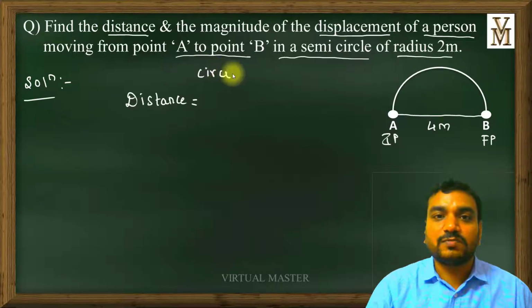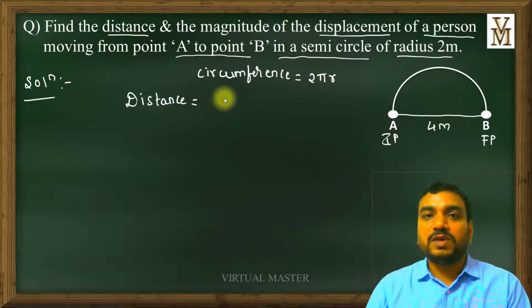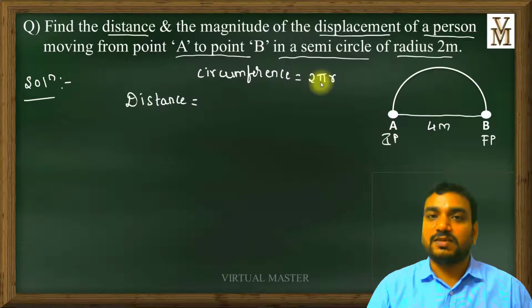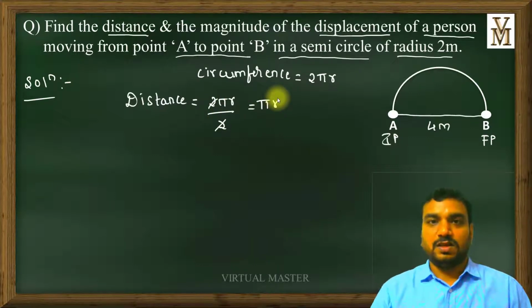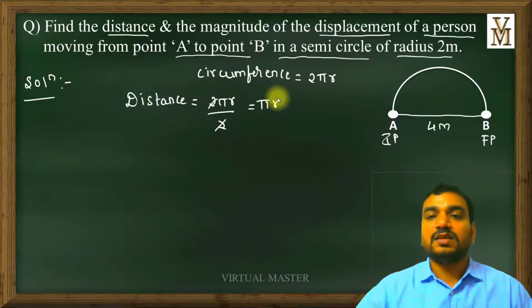We know that circumference of a circle is given by 2 pi r, isn't it? Now distance will be equal to half of this circumference. So I can write 2 pi r by 2. Okay, 2 get cancelled. What is left? Only pi r.